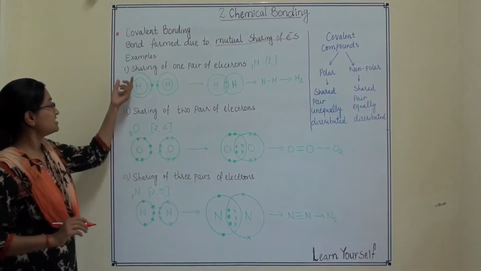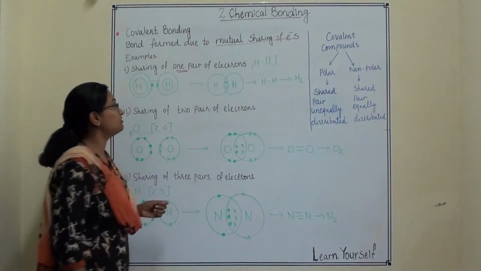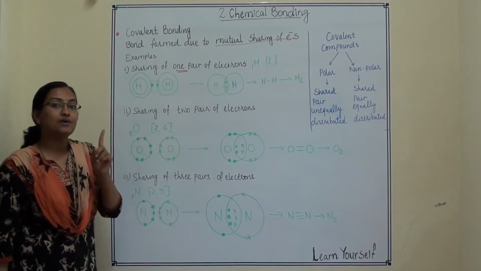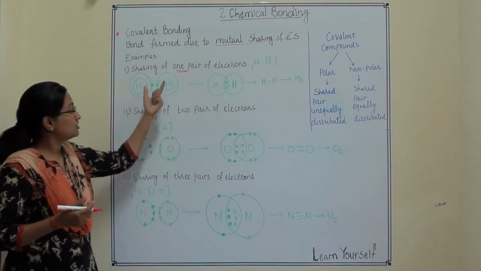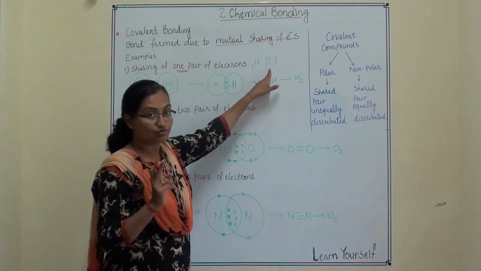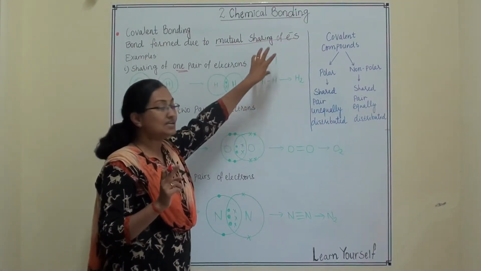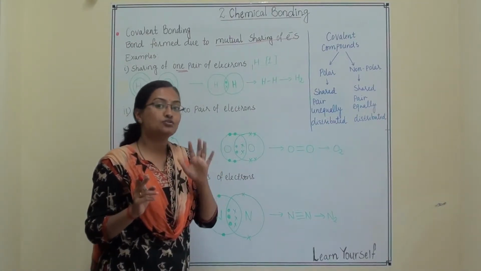Right? So first example, sharing of one pair of electrons. First we will see how only one pair of electrons is shared. Hydrogen's atomic number is 1 and its electronic configuration is also 1. To complete its duplet, remember that hydrogen follows a duplet.